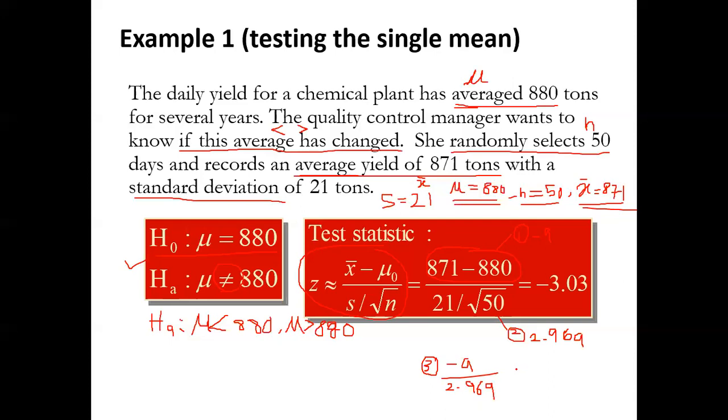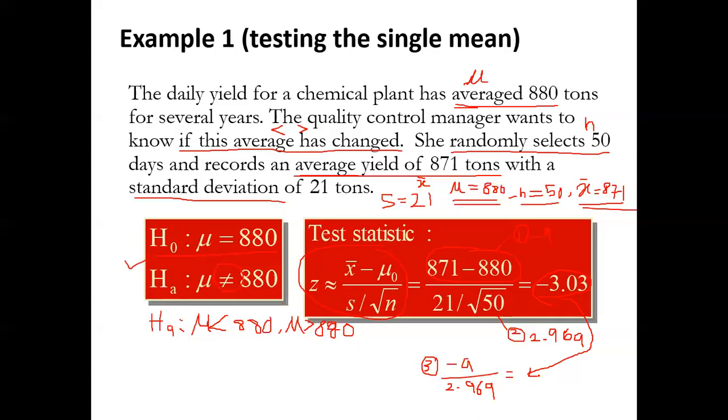So the final answer, you will get negative 3.03. This one. Okay, your final answer is negative 3.03. So your test statistic here is negative 3.03. So what are the next steps?